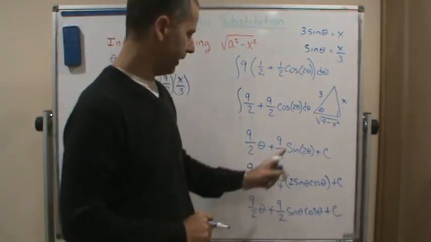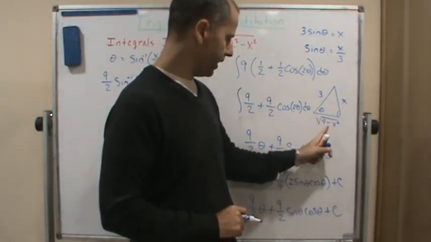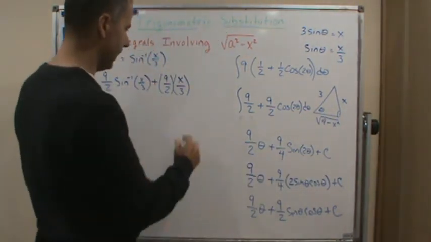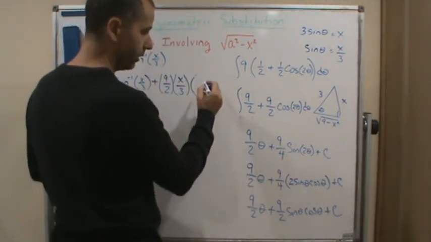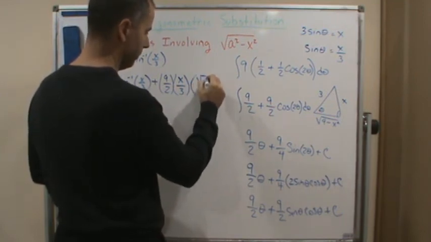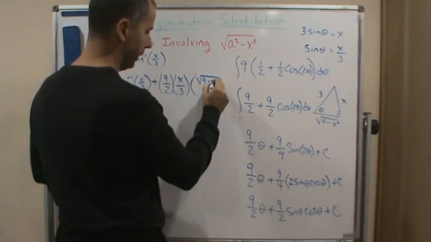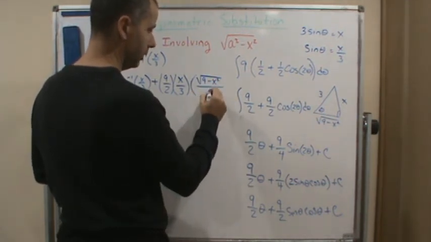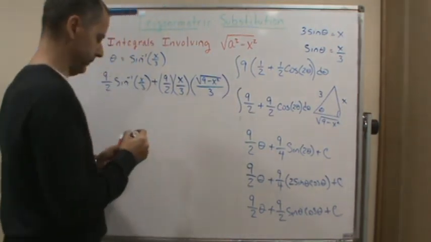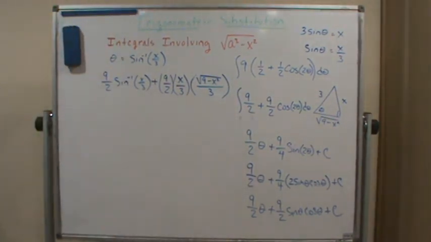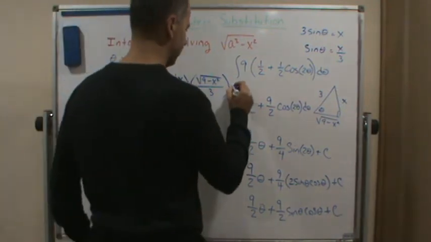Well, what's cosine theta? Cosine theta is adjacent over hypotenuse. So I get square root of 9 minus x squared over 3. Okay? Plus c.